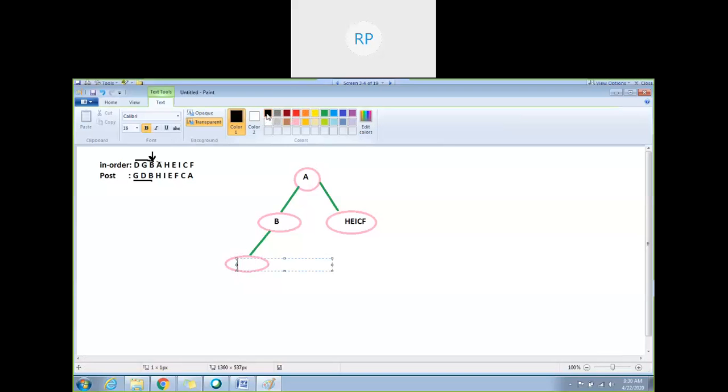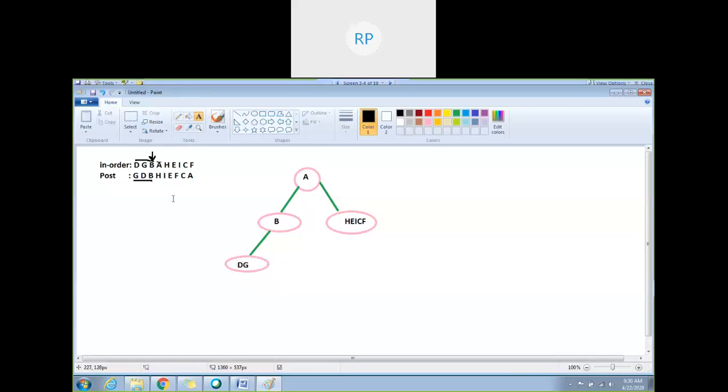Both D and G. Now let me know among these two elements D and G, which can be root node? G. Because in post order you have to check the root element. Among G and D, which element is visited last? D. Very good. Okay. So D can be my root node.